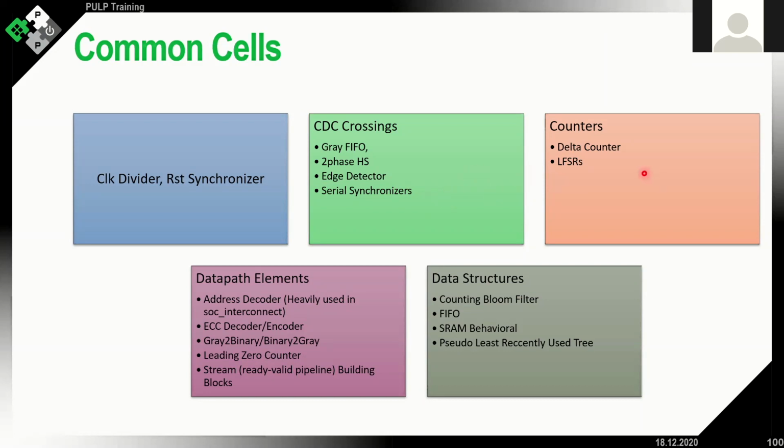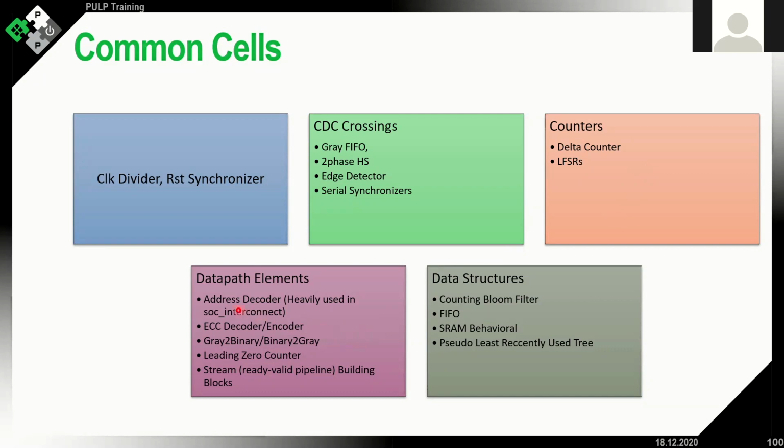Then you have delta counters and linear feedback shift registers in case you need some. These are just pseudo-random number generators. They are fairly useful sometimes, for example, when you do random arbitration. We have data path elements.